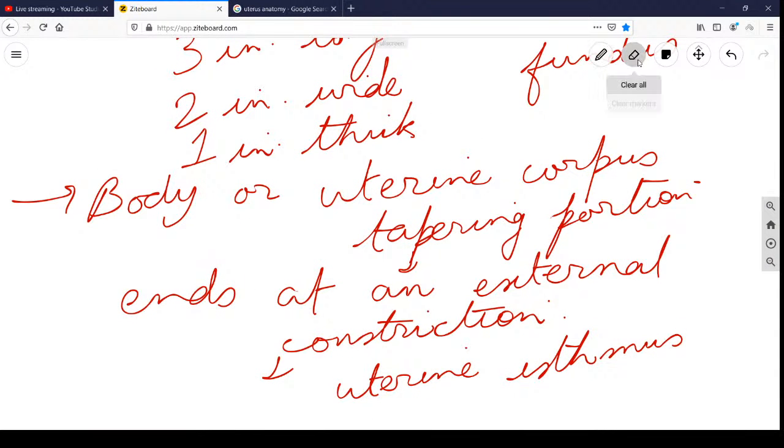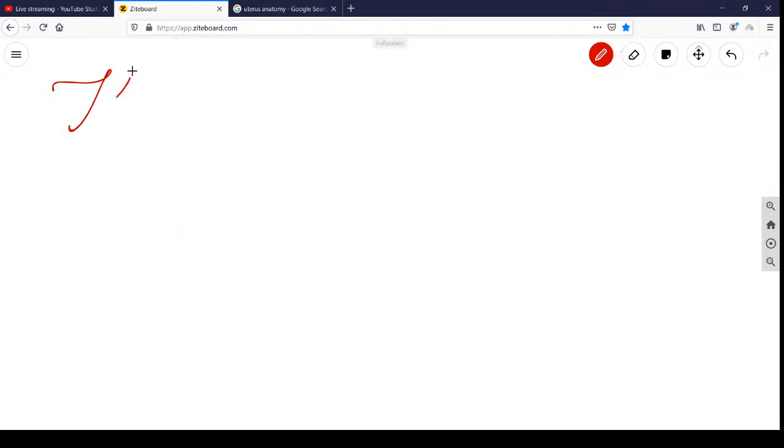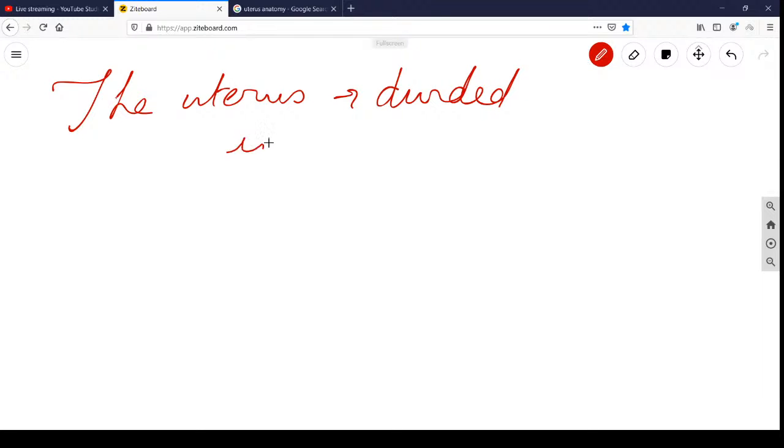So the uterus is divided into three portions.